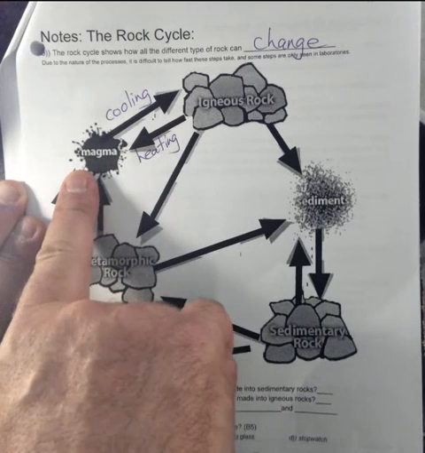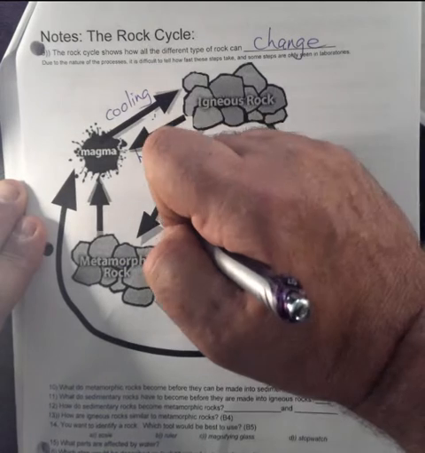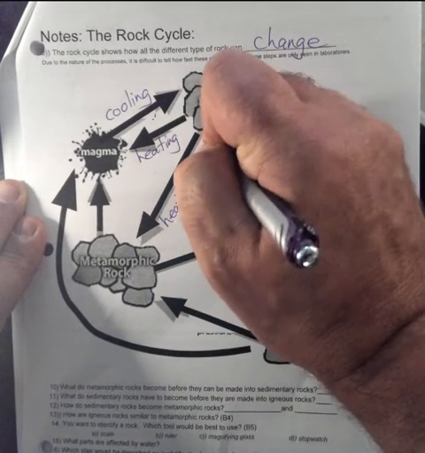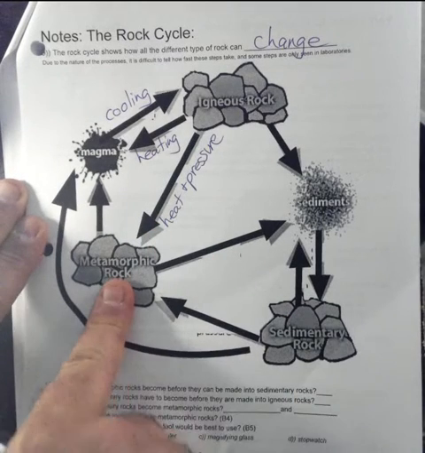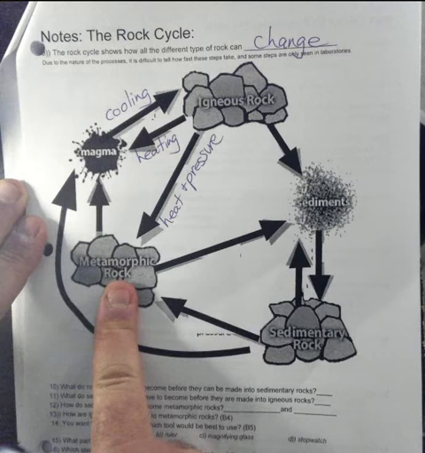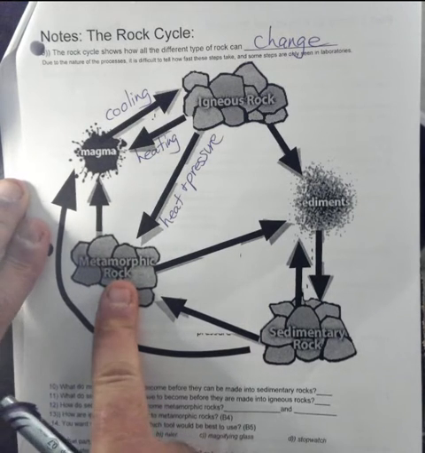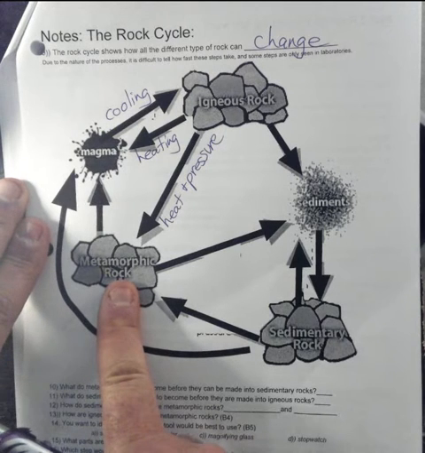Or, if I don't heat it up quite enough to melt, but I still cook it, heat and maybe even some extra pressure, I can turn the igneous rock into metamorphic rock. I can change the crystals a little bit in order to make different forms of crystals and a different kind of rock. It's not completely melted though.